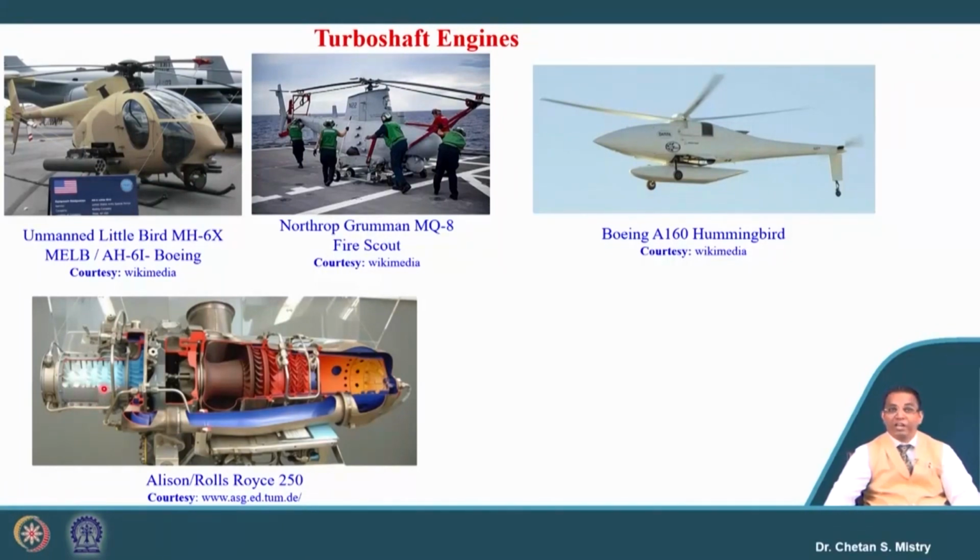Here you can see this engine has a different kind of construction. We have an axial flow compressor followed by a centrifugal compressor, and from there the flow goes all the way here. It's a single can type combustor that is used to rotate the turbines.